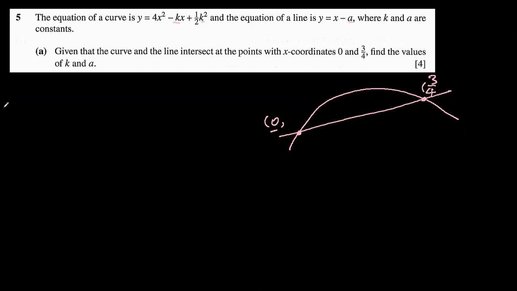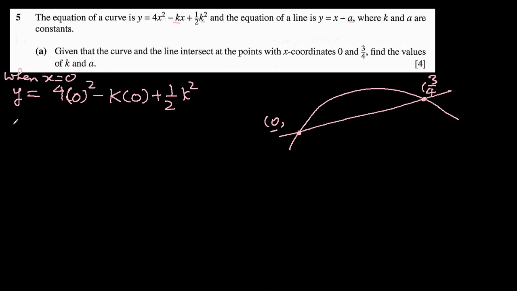So y is equal to, if I substitute 0 in this equation, which will be equal to 4 times 0 square minus k times 0 plus half k square. This is when x is 0. For line, we will get y equal to 0 minus a, right?